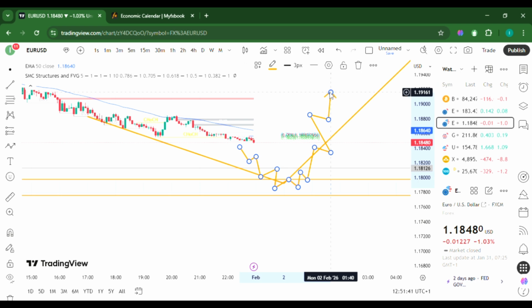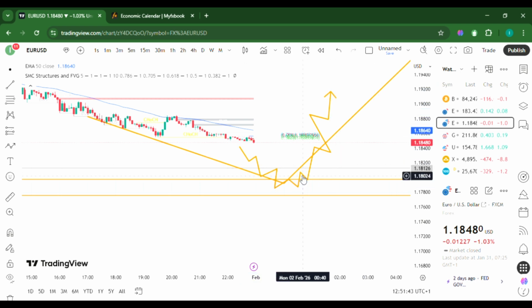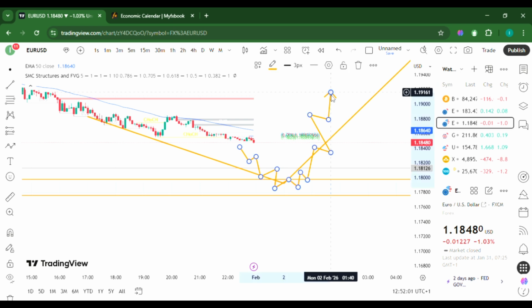You want to see price break the most recent high that it created when it was coming down before you are sure that price wants to go to the upside. That's one of your confirmations.